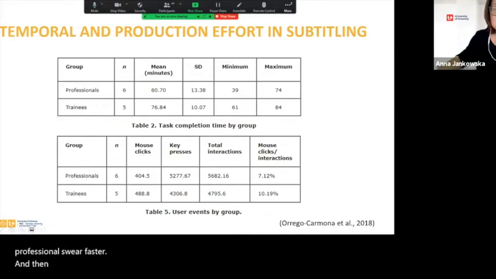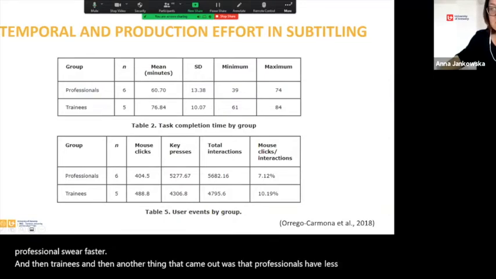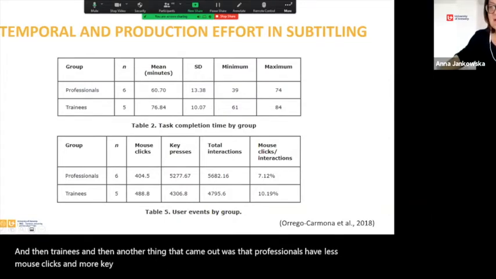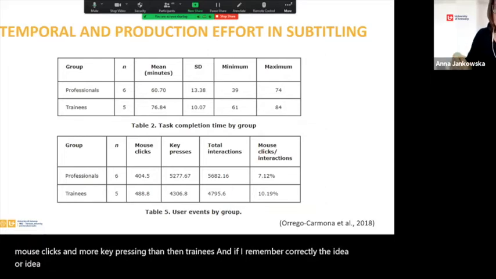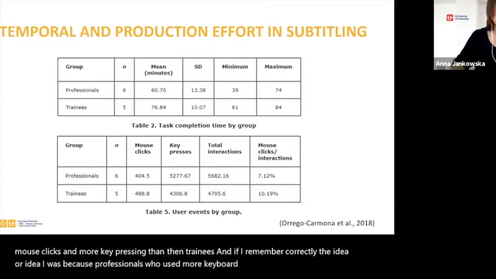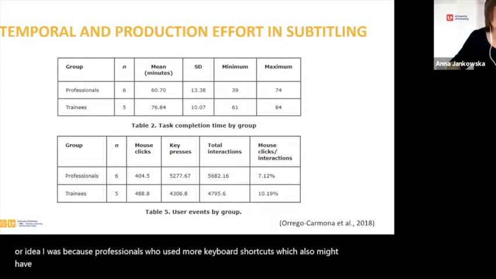Another thing that came out was that professionals have fewer mouse clicks and more key pressing than trainees. And if I remember correctly, the idea was that professionals used more keyboard shortcuts, which also might have influenced how fast they worked.